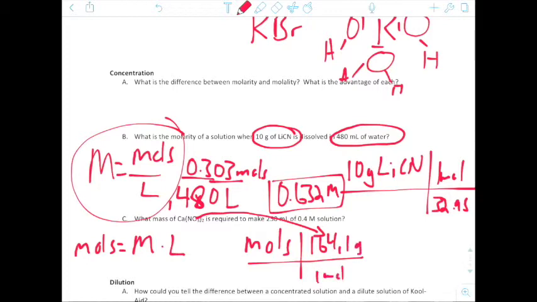Now if you do this correctly, you should get 16.41 grams. So go ahead and try this out and see if you can get that answer.